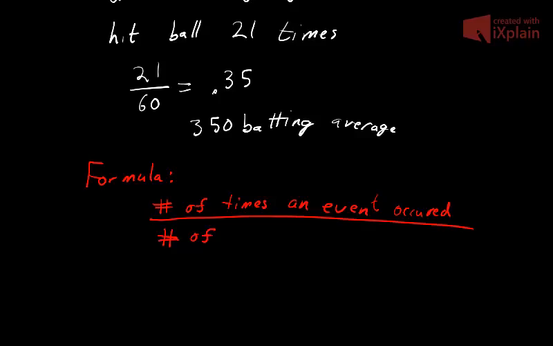That's how many times we tried to get that event to occur, which would be the at-bats, the number of trials. And we can use this for basically every situation we're going to see where we have experimental probability. We're going to take the number of times an event that we wanted to happen happened, and then divide that by the number of trials.